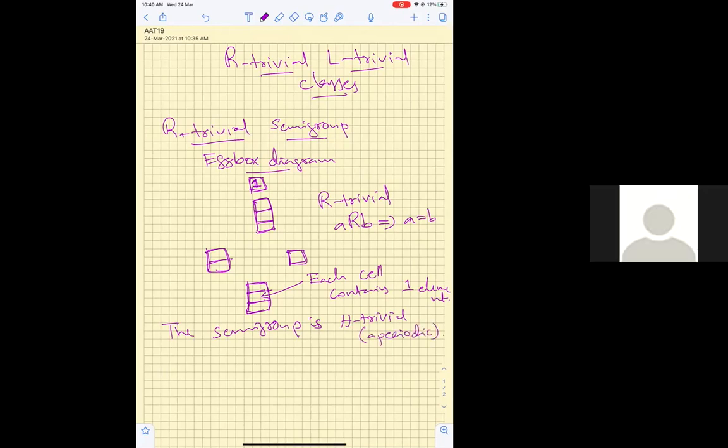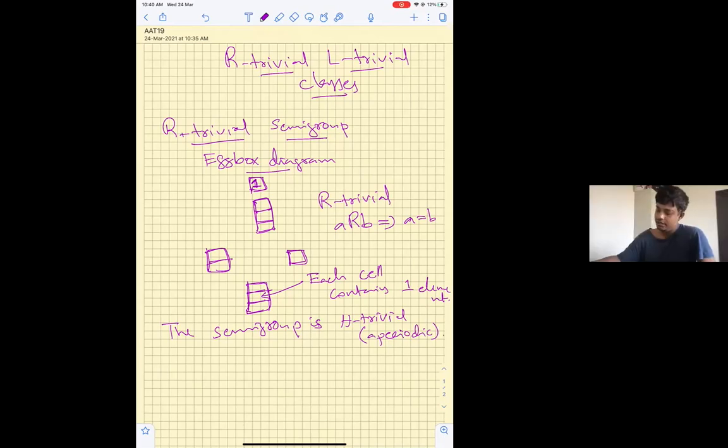So we know that R-trivial monoids recognize, therefore R-trivial semigroups are a subset of aperiodic languages. So every language recognized by an R-trivial semigroup will be star-free, can be expressed using a star-free regular expression, and is definable in FO1 and so on.